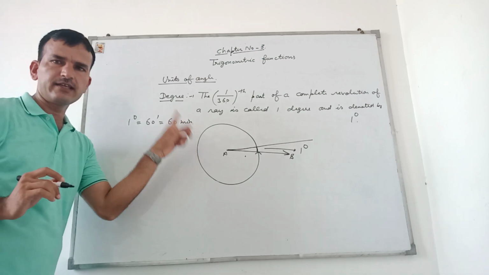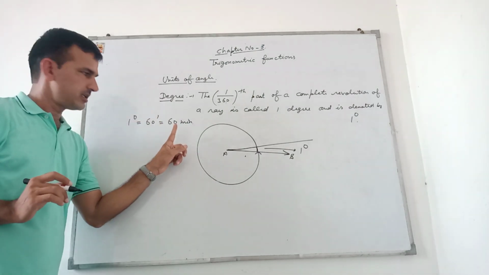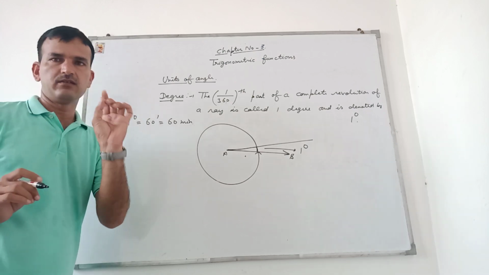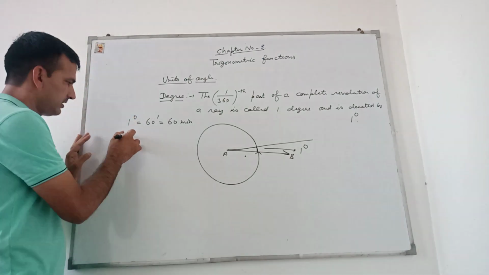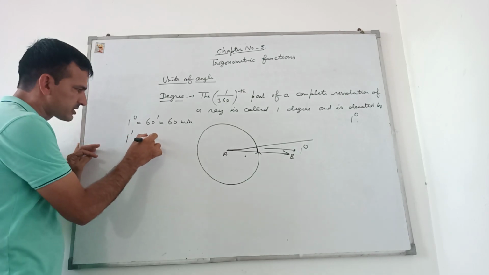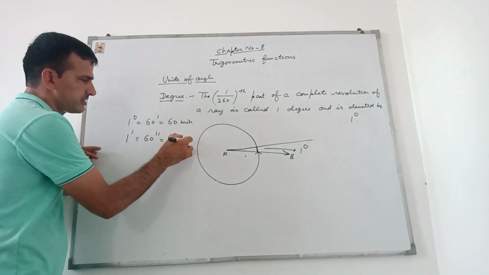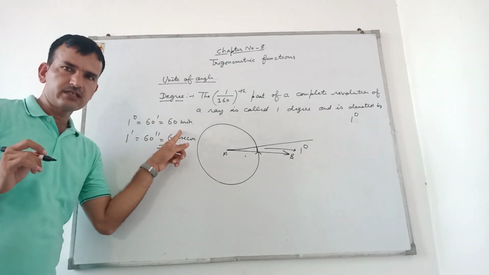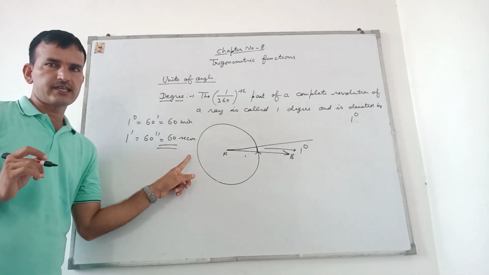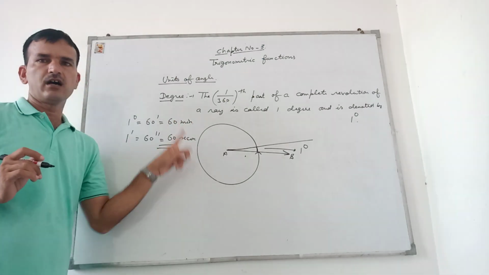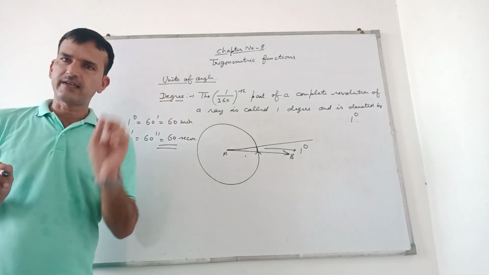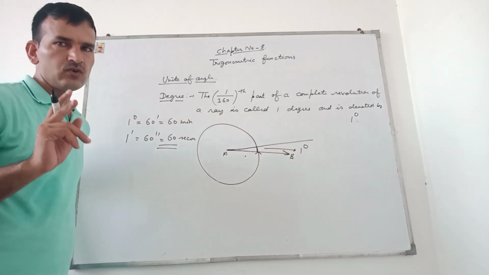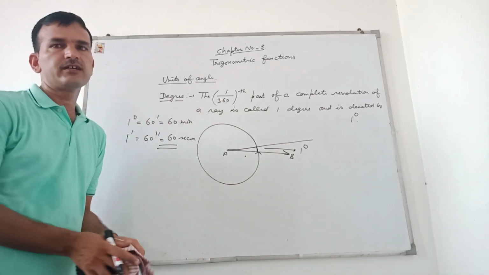Minute is also a unit of angle, and 1 minute equals 60 seconds. 1 degree equals 60 minutes and 1 minute equals 60 seconds. Minute and second are also units of angle, जो डिग्री से छोटी हैं बेटा.